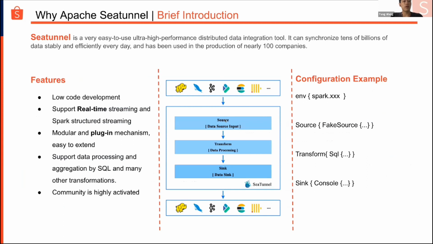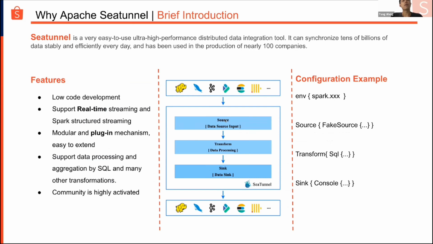Basically, SeaTunnel is a very easy to use, ultra high performance distributed data integration tool that supports real-time synchronization of massive data. And it makes use of the Java SPI mechanism, which makes it extensible in a convenient way.